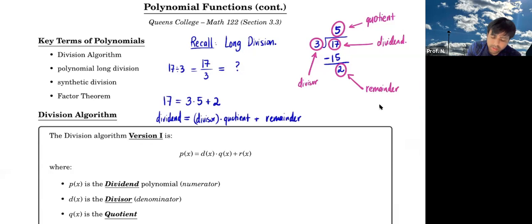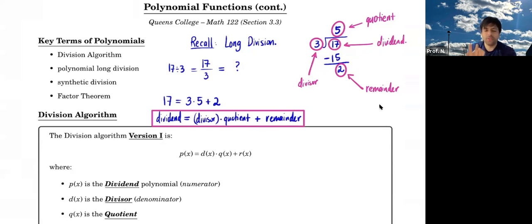That is the bigger idea. Now, this is called the division algorithm. And we can refer to it as version 1 because there are 2 versions.